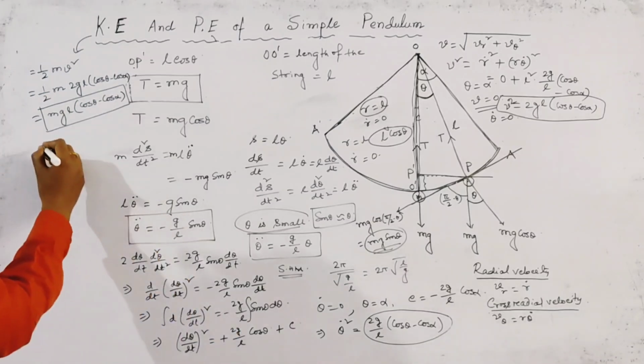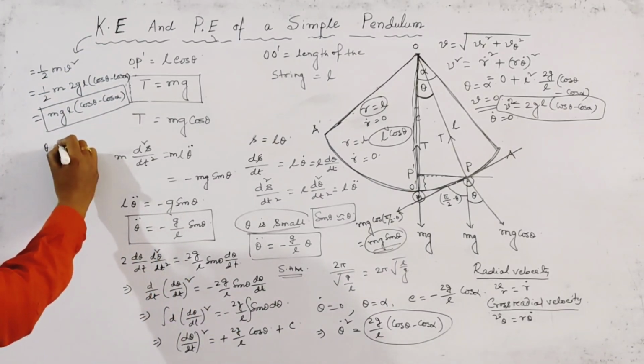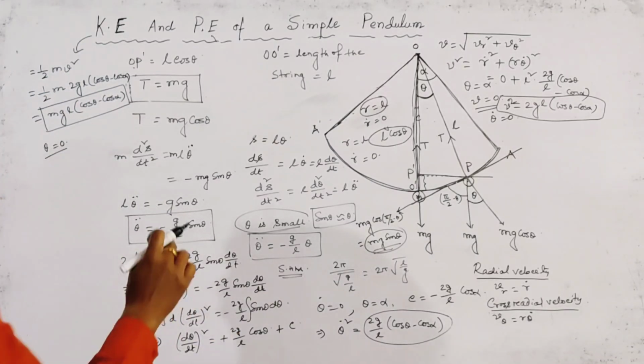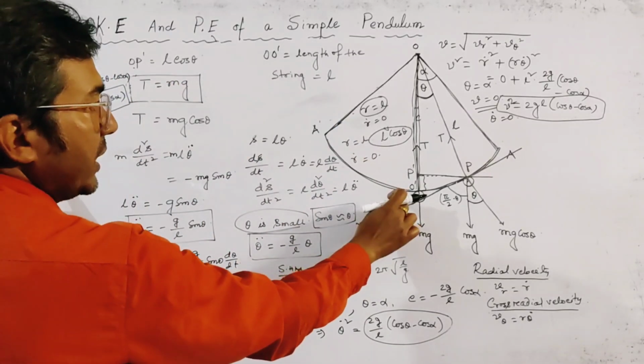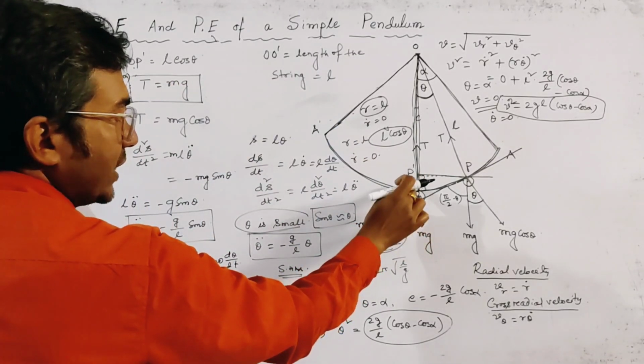If we put theta equal to 0, then we get the kinetic energy of the pendulum at the lowest point, that is at O dash.